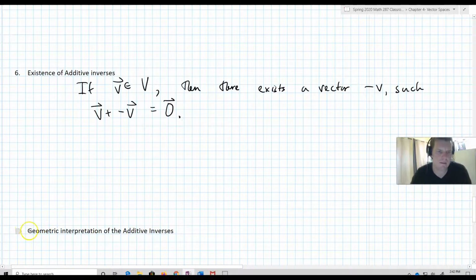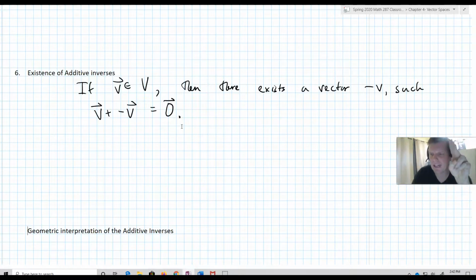The way this works is, if I add any two vectors together, I get another vector that's inside of the space. That's closure under addition and scalar multiplication. In addition, I also have the zero vector, because I established that it was in there. So what vector do I add to V to get back to the zero vector? That is this inverse idea.